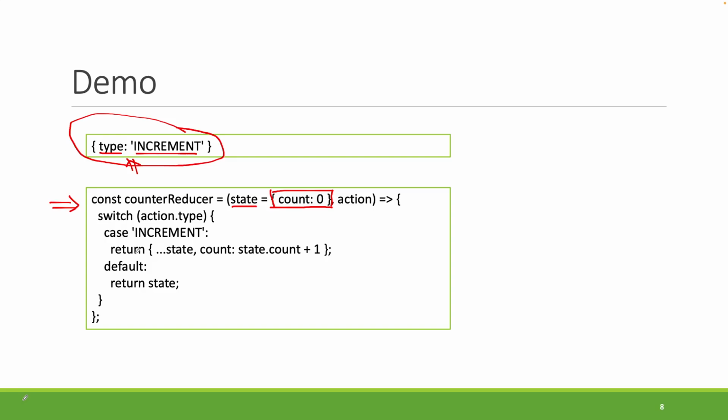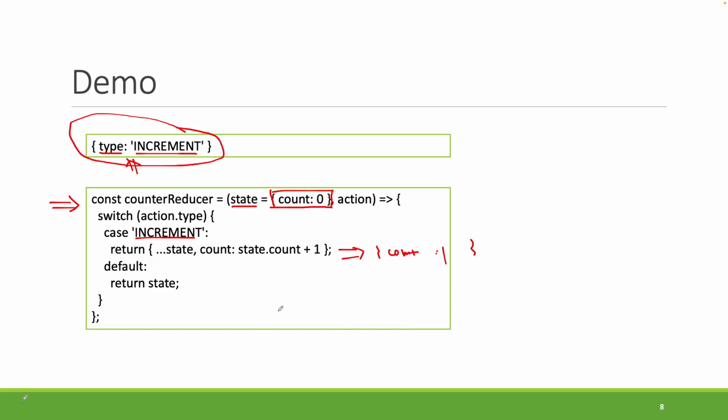Since the action is increment, it matches my type. I will do what? Spread will get count 0, and then I take the count state plus 1. Eventually here we'll produce a state which has a count equals 1.